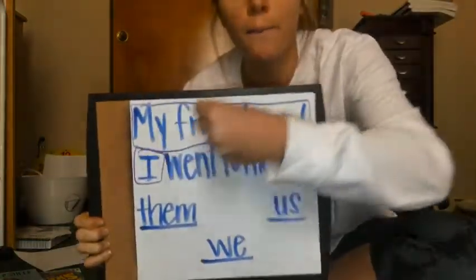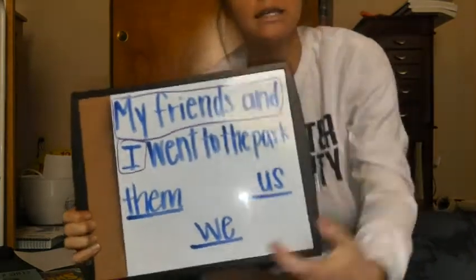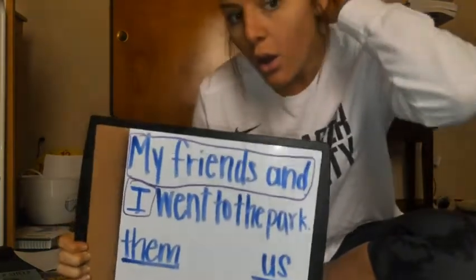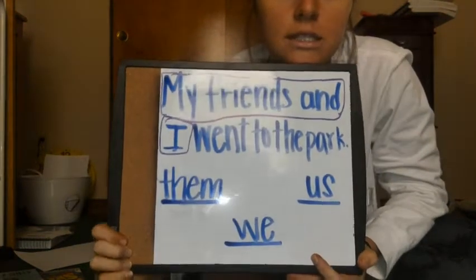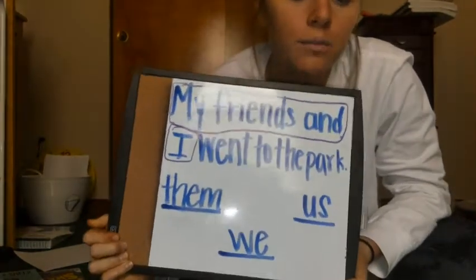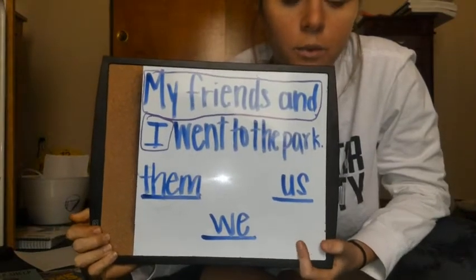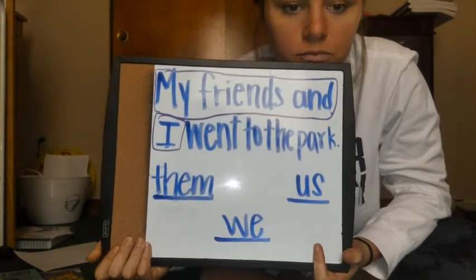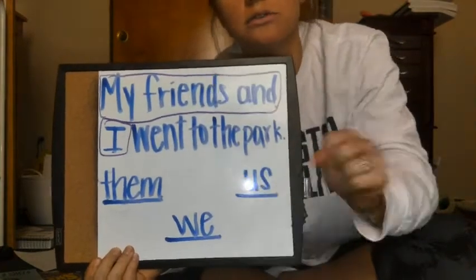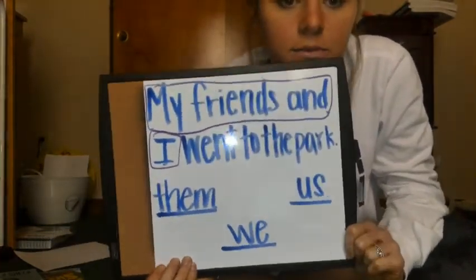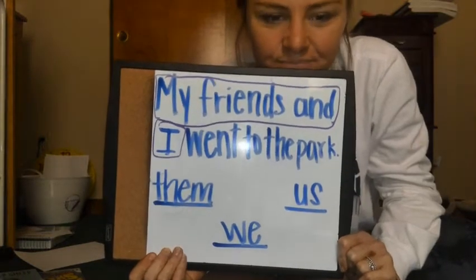I wanted to take out my friends and I and place in one of these pronouns. What would I put to make it sound the same? I've put a couple down here. Them, we, and us are all pronouns, words we can put in place of a noun to make the sentence mean the same exact thing.